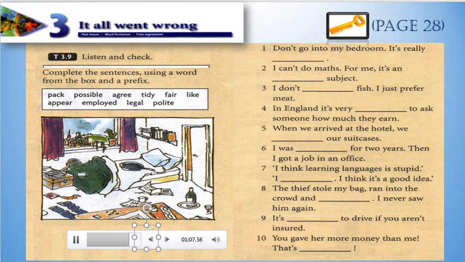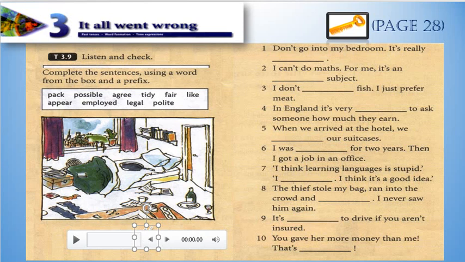I never saw him again. Disappeared. 9. It's illegal to drive if you aren't insured. Illegal. 10. You gave her more money than me. That's unfair. Unfair.